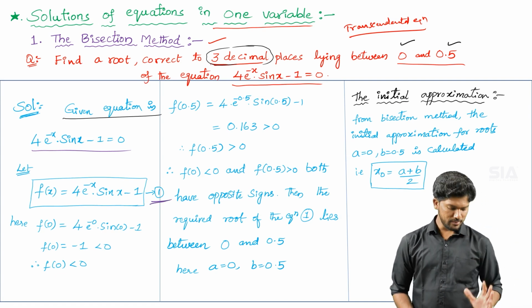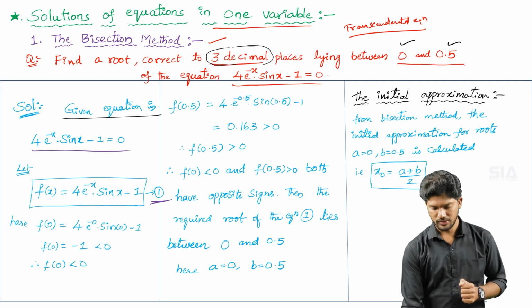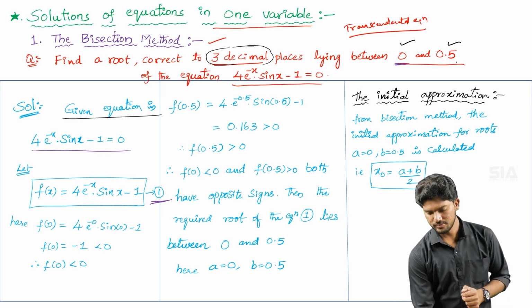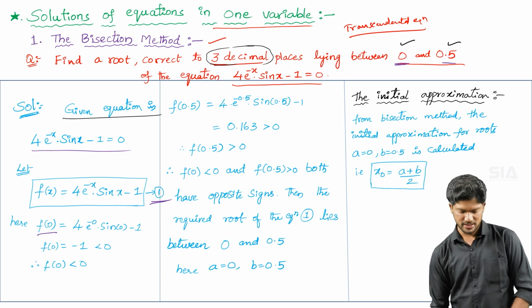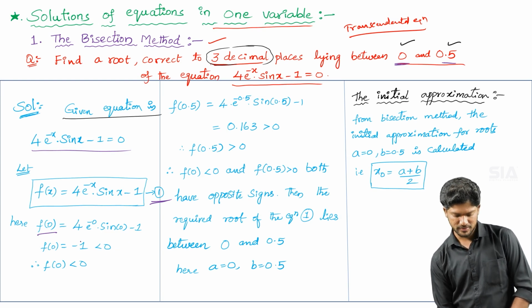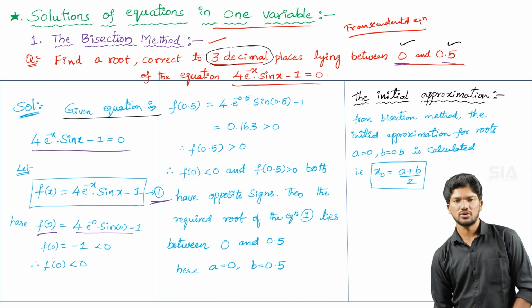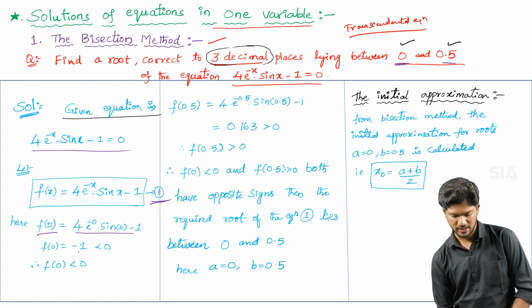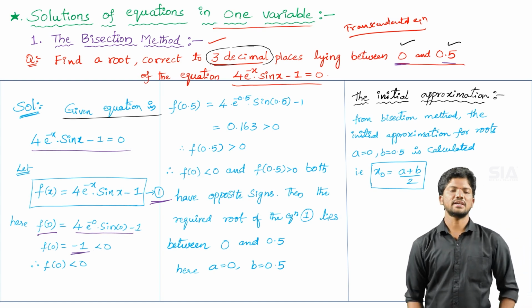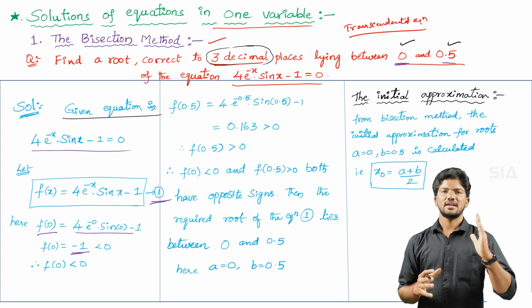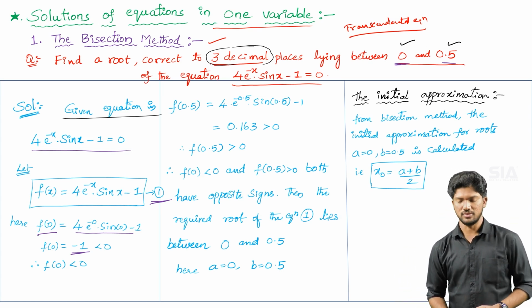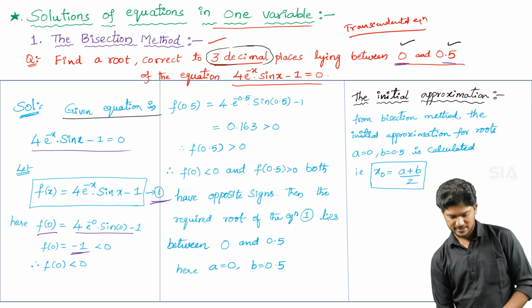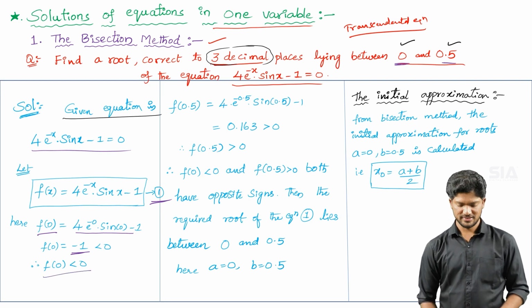Here our aim is to substitute 0 and 0.5. For f of 0, in place of x, 4 into e power minus 0 into sin 0 minus 1. If you simplify that value, you will get minus 1, a negative real number. So f of 0 is less than 0.